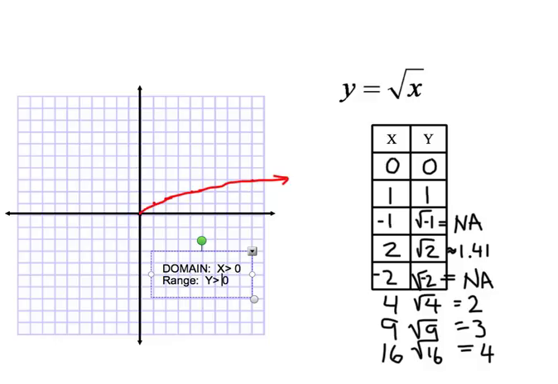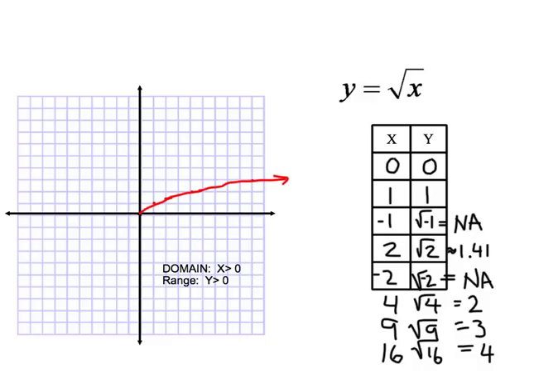So here are my domain and range of this parent function of y equals the square root of x. It's half of a sideways parabola. And the reason why it's only half is because if we allow the bottom half of the sideways parabola, it will not pass the vertical line test, and therefore it will not be a function. Right? So again, this is the original parent function of y equals the square root of x.